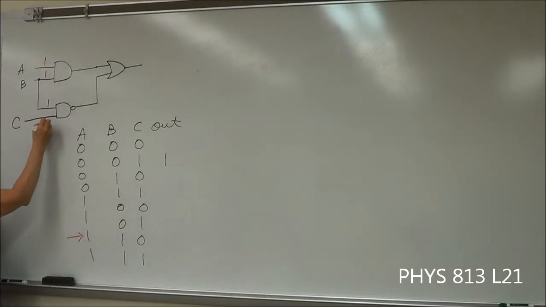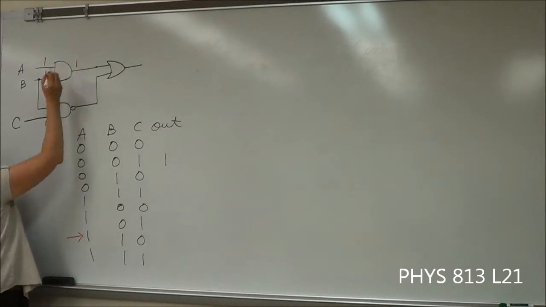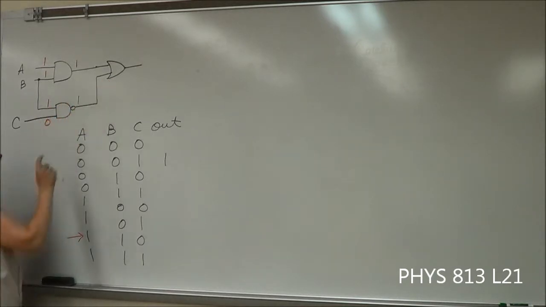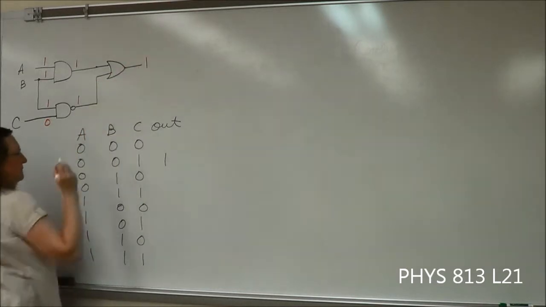C is 0, so we have a 0 here. Okay, 1 with an AND is a 1. 1 and 0 with a NAND, there's my NAND, 1 and 0 is a 1. Now with my OR, a 1 and 1 with an OR is a 1. Okay?